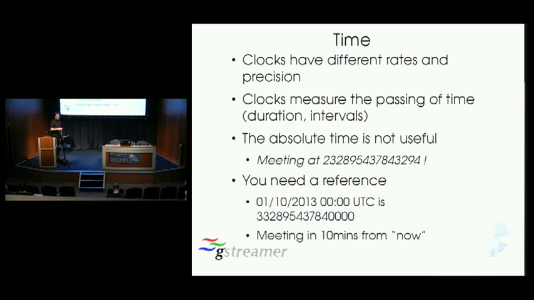If I've got a clock that starts changing rate, it's not going to be really that useful. And the absolute value of that clock is not useful per se. If I look at my watch, it doesn't say, oh, this spring is at this position.